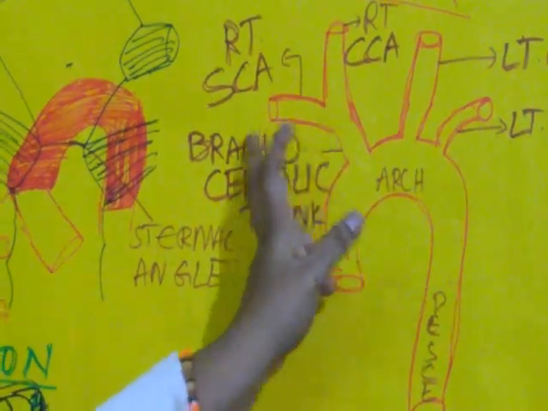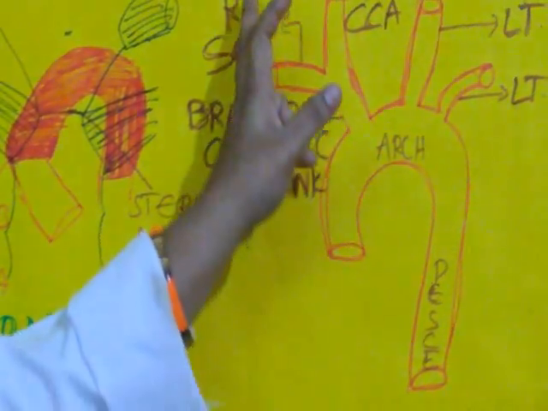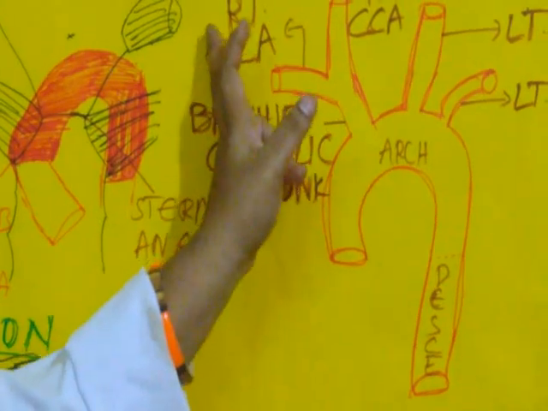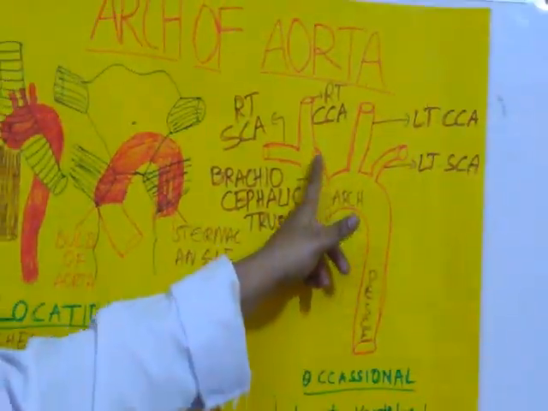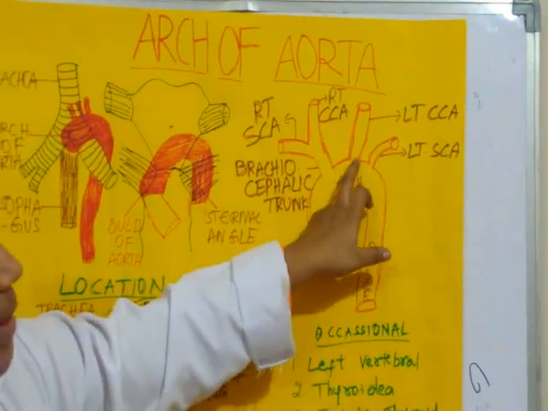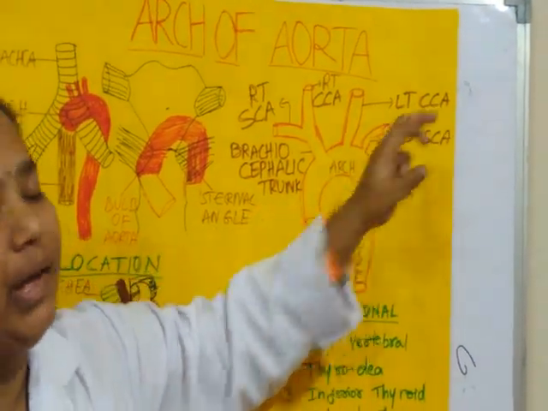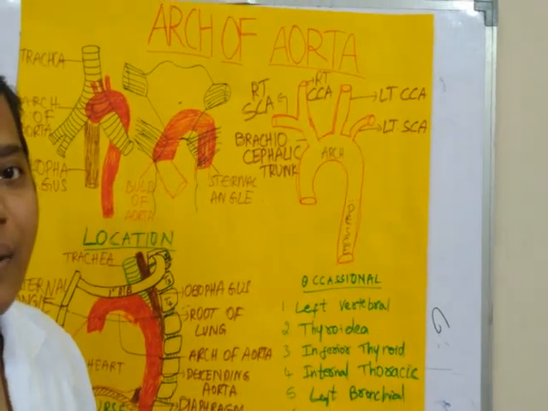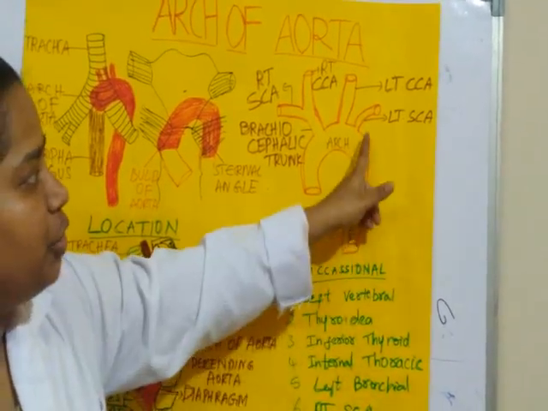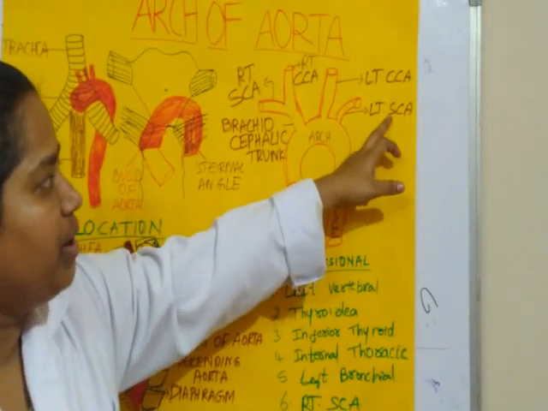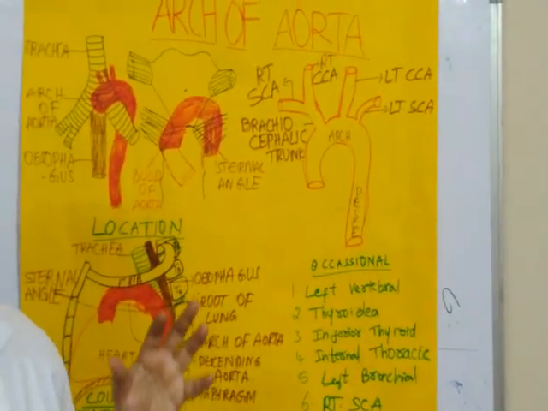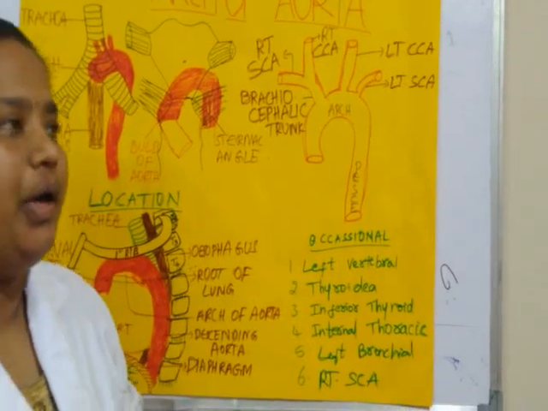Branches of brachiocephalic trunk include right subclavian artery and right common carotid artery. Then the second branch is left common carotid artery. The third branch is left subclavian artery. These are the main and principal branches of arch of aorta.